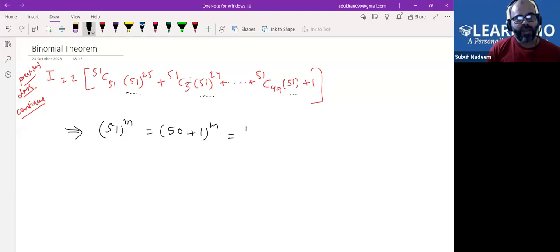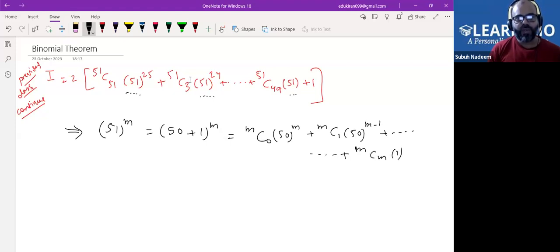And I can write it as mC0 50^m plus mC1 50^(m-1), and so on till mCm, and that will be 1 to the power m actually.